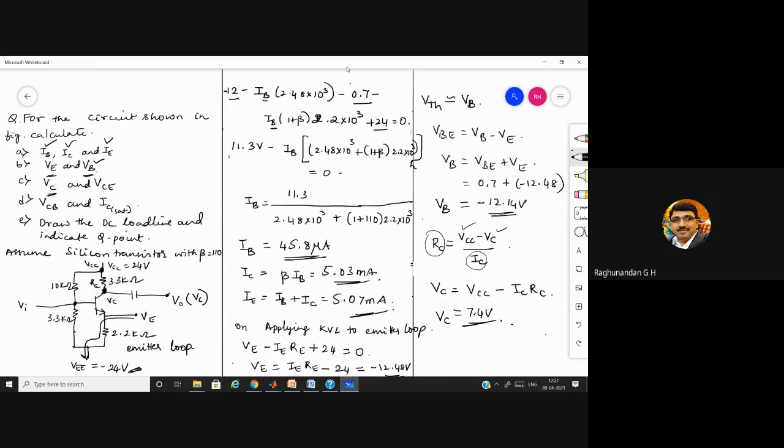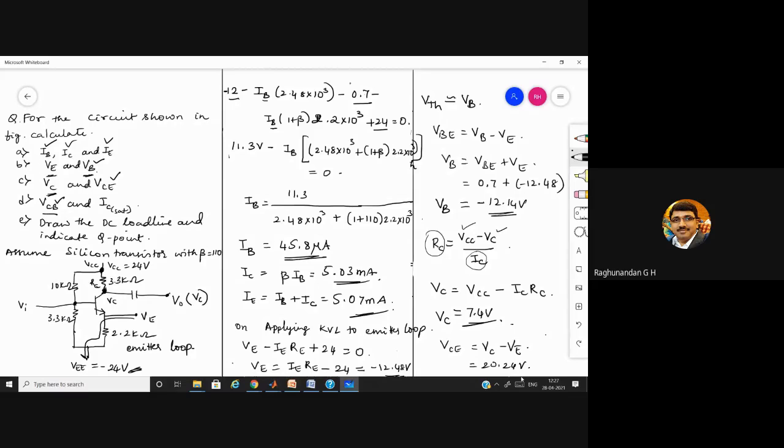Okay, now next is VCE. The formula is VCE equal to VC minus VE. Just substitute VC and VE, which we know. That gives 20.24 volt. Now next is VCB.